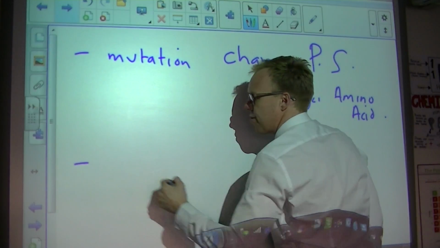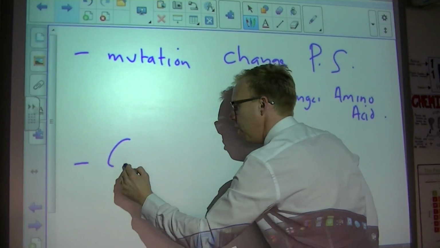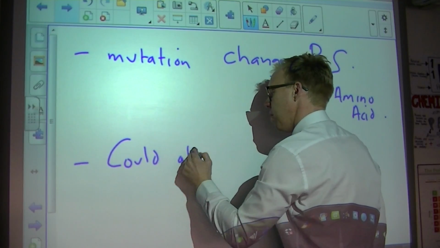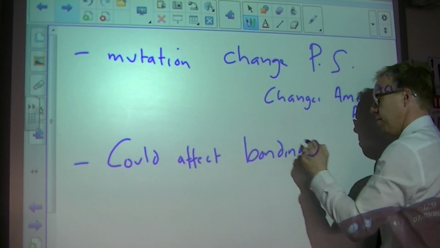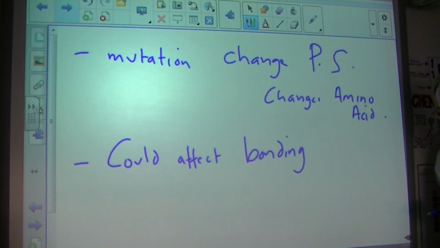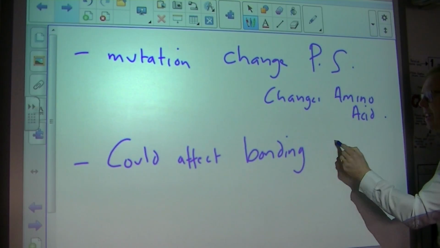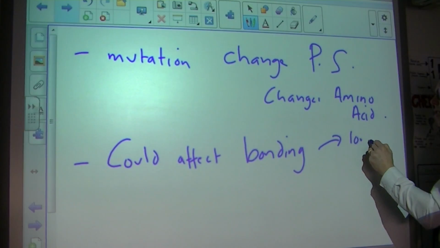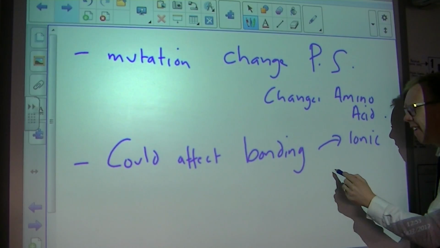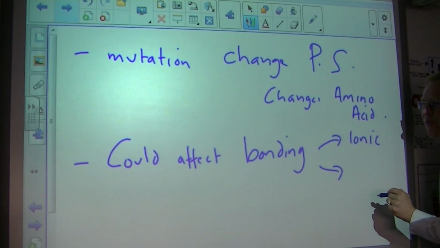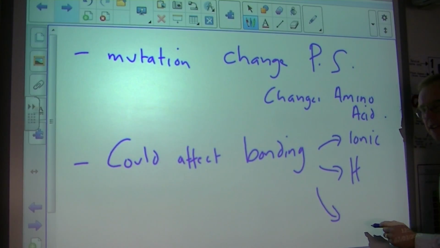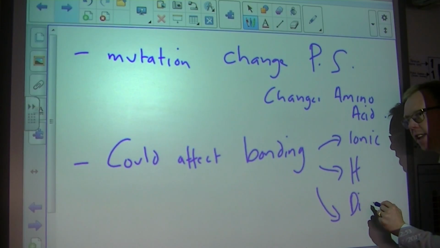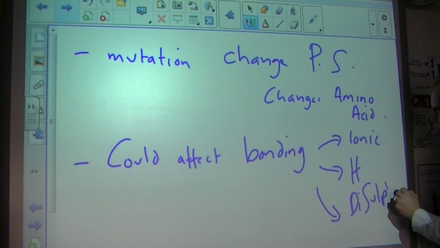This change in the primary structure could affect the bonding. What are our 3 types of bonding in proteins? Covalent, ionic, disulfide. Ionic, covalent. Hydrogen. And disulfide bridges.